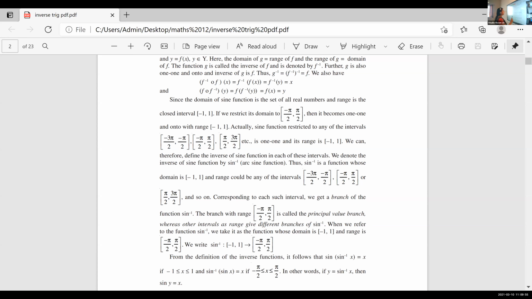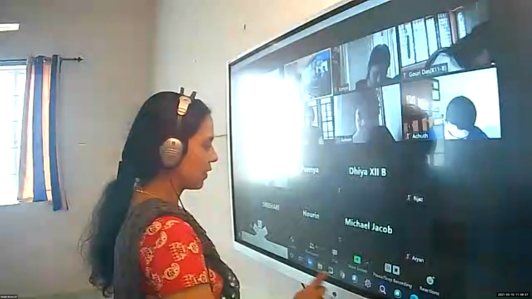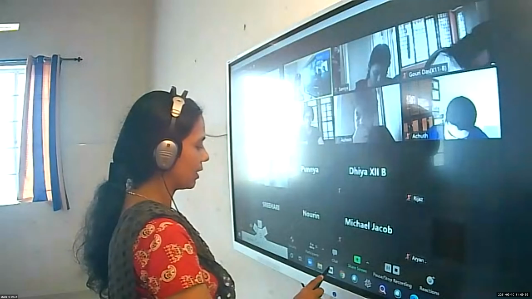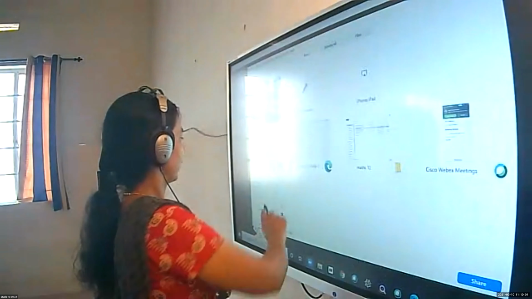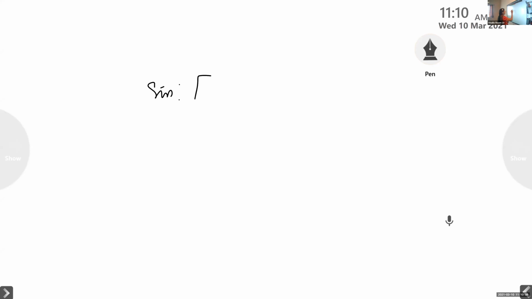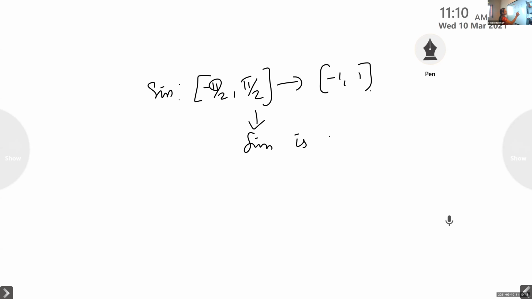So if you define sine in that manner, if you define the sine function from -π/2 to +π/2 to the closed interval -1 to 1, then the sine function is one-one and onto.